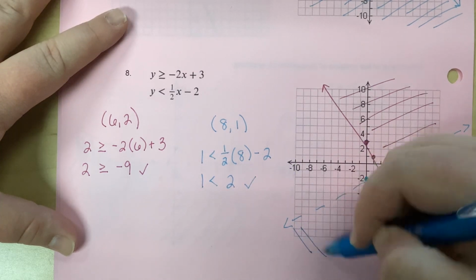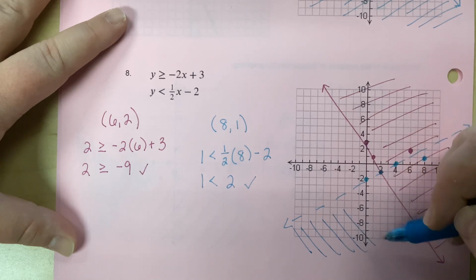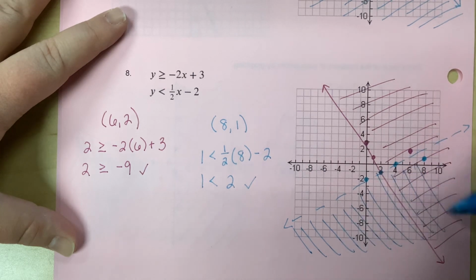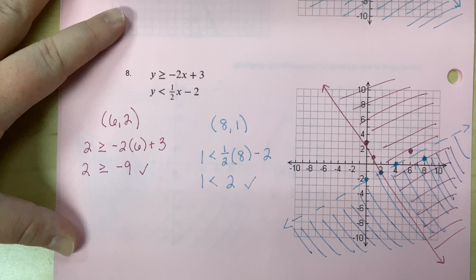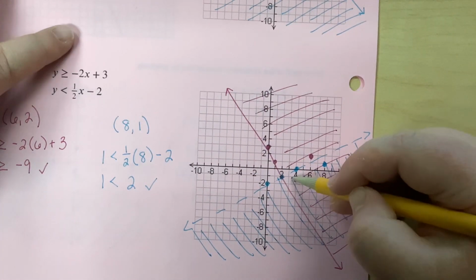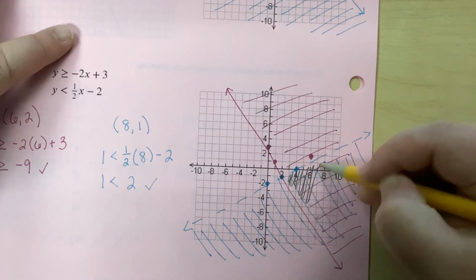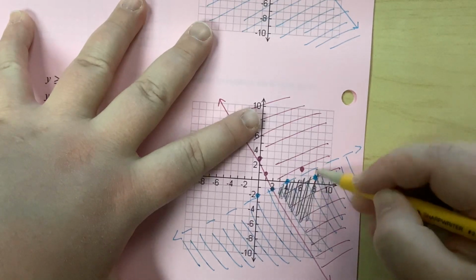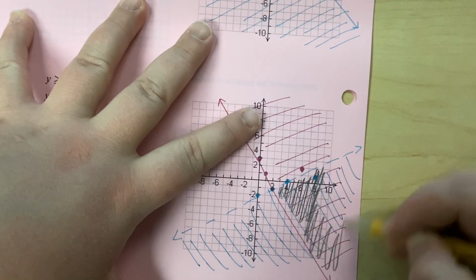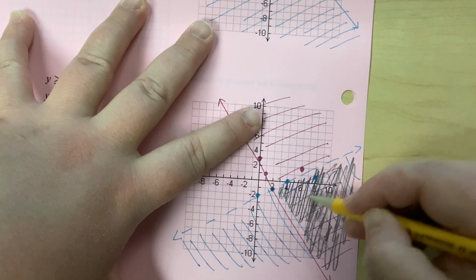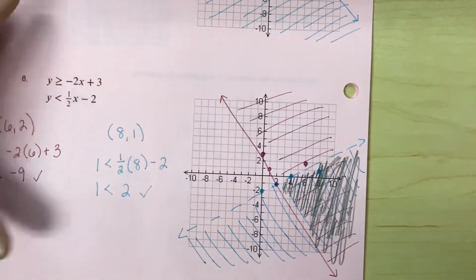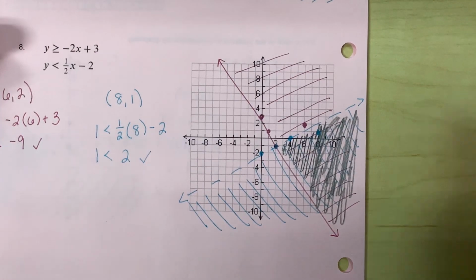So I need to shade the side of the line that has (8, 1), which is this side right here, meaning that my solution area is right in here. Okay, so that would be the solution to the system. Let's try one more.